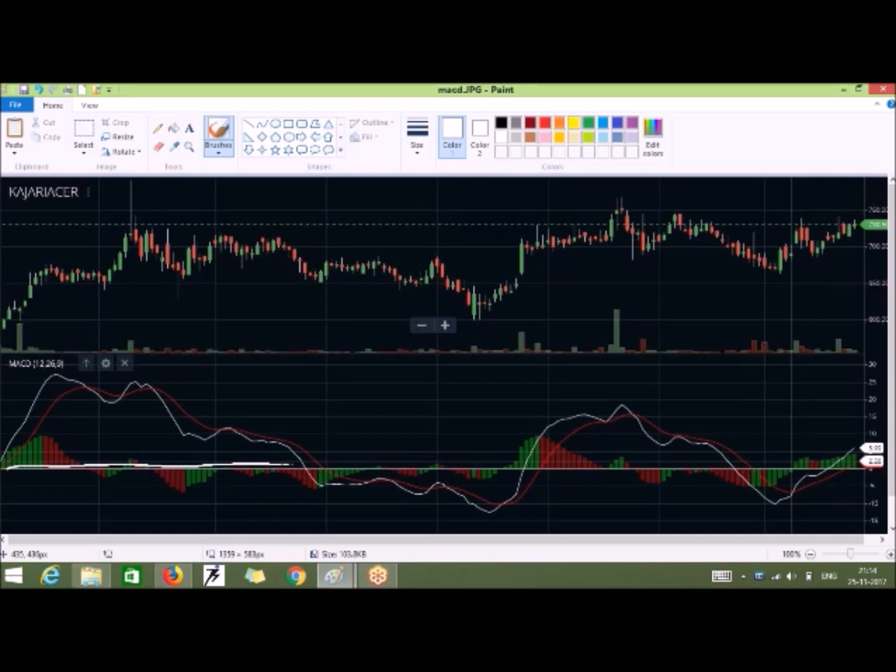When the graphs are below this zero line, and at this point the line crosses over, it suggests a buy signal from here, and it moves to an upward level.